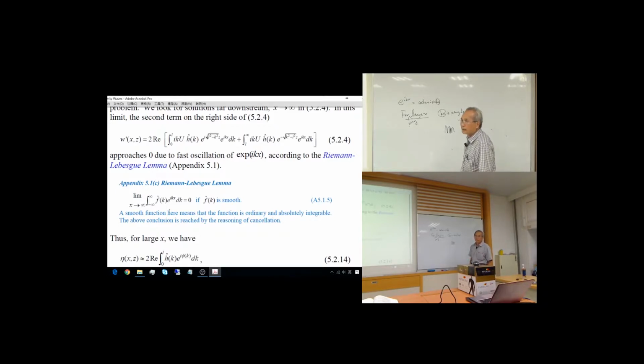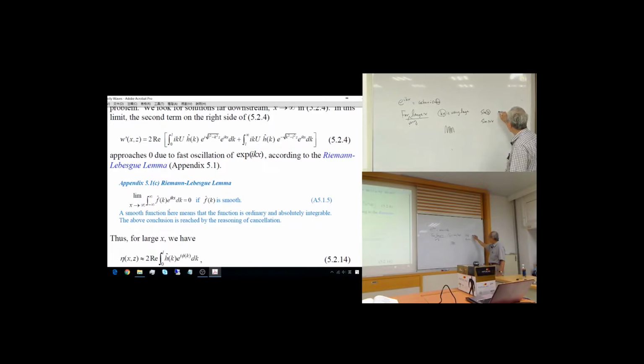Understand? Just take a look at sine x and sine 10x. What is the oscillation period here?